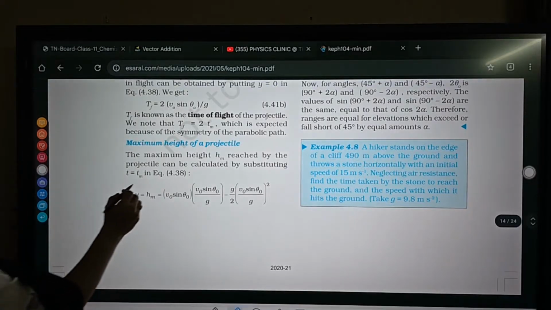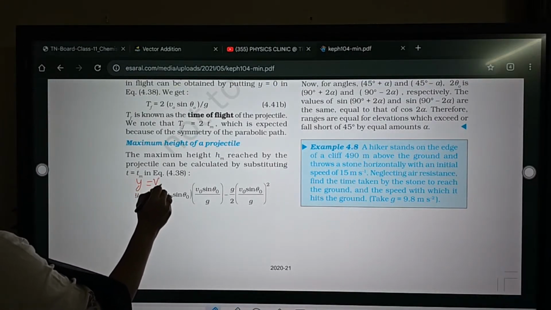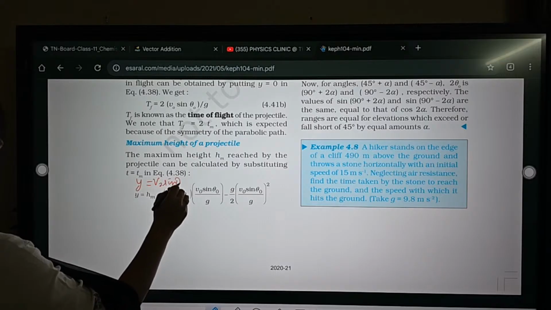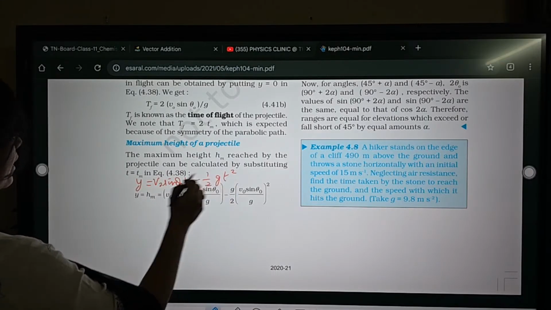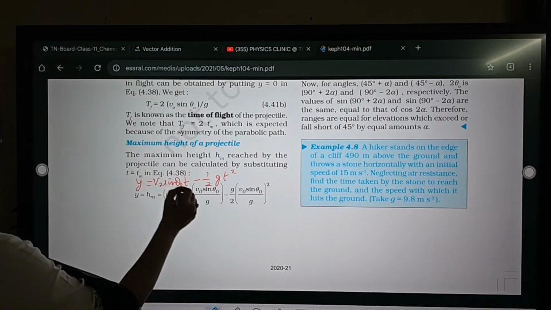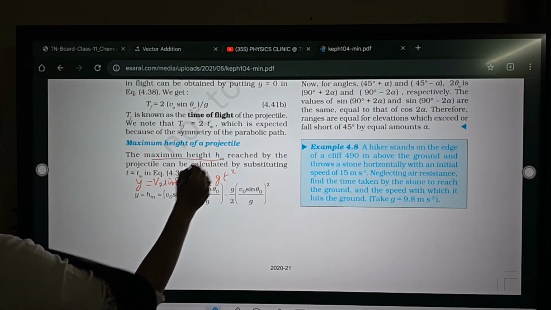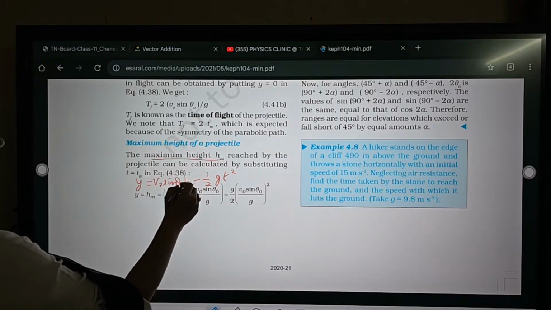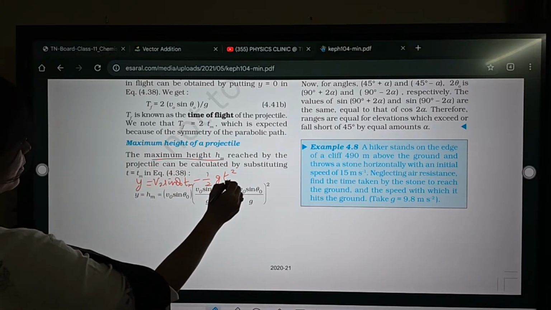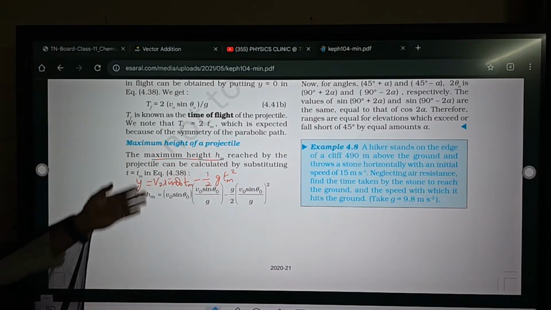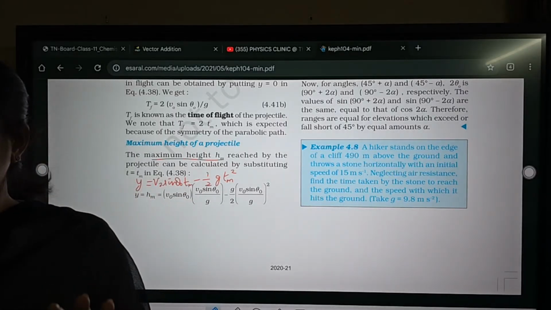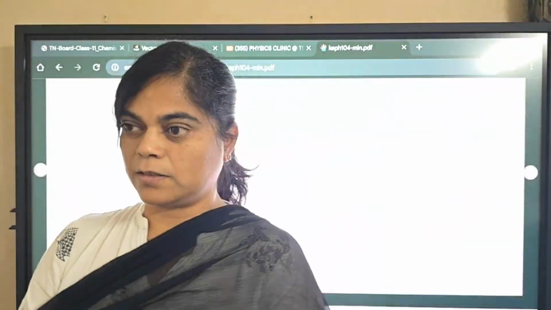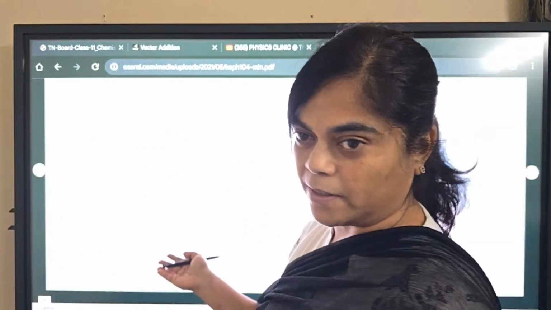Y equal to V naught sin theta naught into T minus half g T square, right? So here we are considering the maximum height. At the maximum height, the time reached is the time of maximum height, not the maximum time. You need to substitute Tm here.